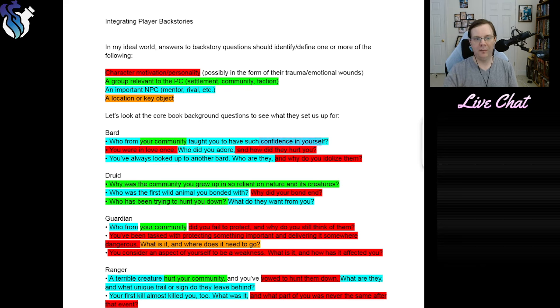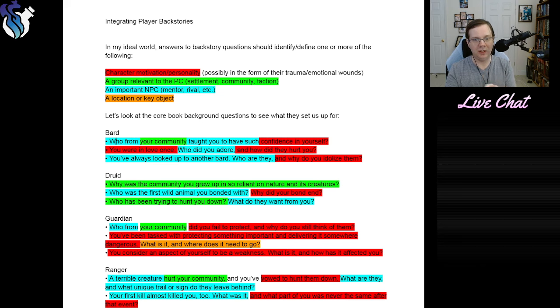And that confidence in yourself could be a key motivation as well, depending on how the player is expressing what it is to be a bard for them. How much is their confidence in themselves a big deal? But stepping back, we have the potential for hitting three elements at once in this one question. So that's great, right? It's asking you to detail a character.